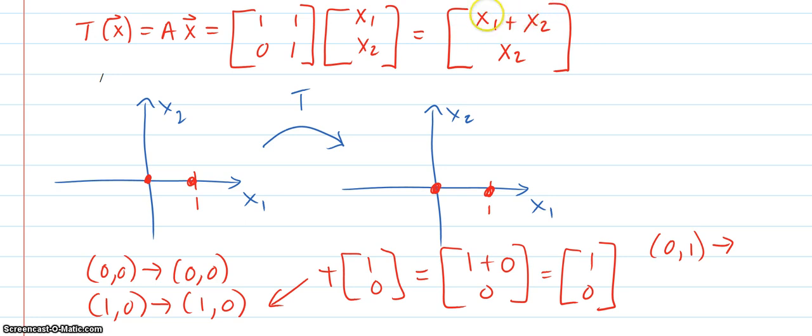You would add these up, and that would be 1, 1. Again, plugging in 0, 1, x1 plus x2 is 1, but then this would be a 1 as well. So 0, 1 is now 1, 1.